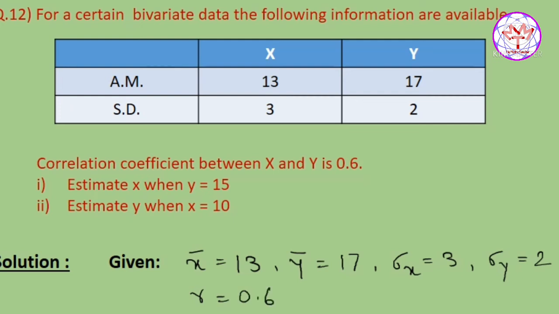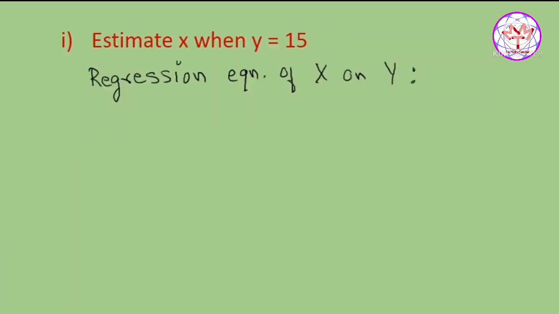So first we'll find the regression equation of x on y. All of you know regression equation of x on y is given as x is equal to a dash plus bxy into y. So we need to find bxy. Very simple sum. So bxy is r into sigma x upon sigma y.